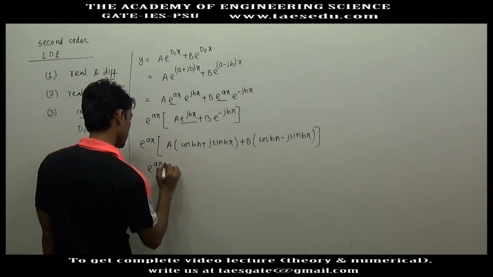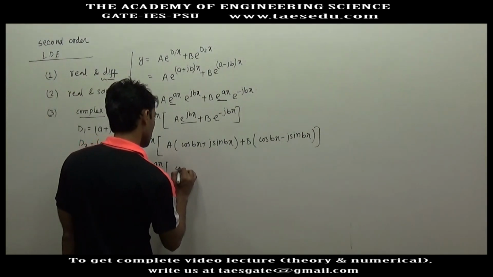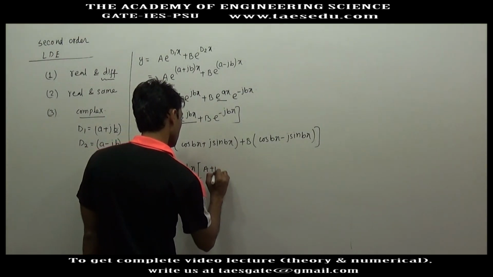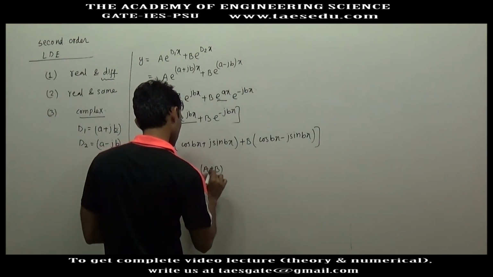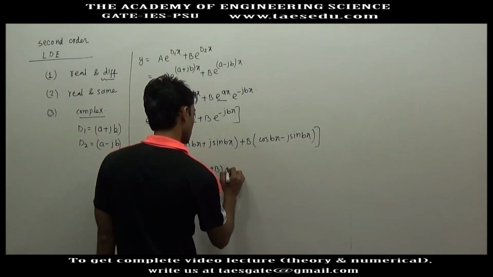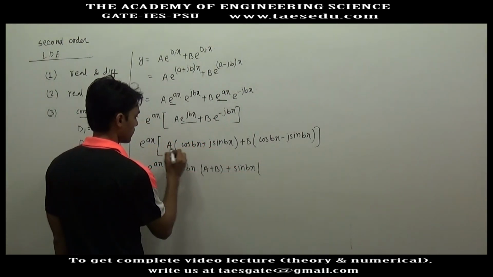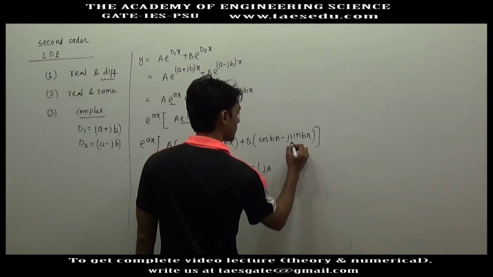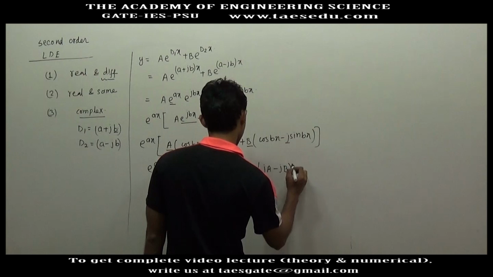So e to power ax, cos bx into (a plus b), plus sine bx into, here we have a into j and here we have minus jb.